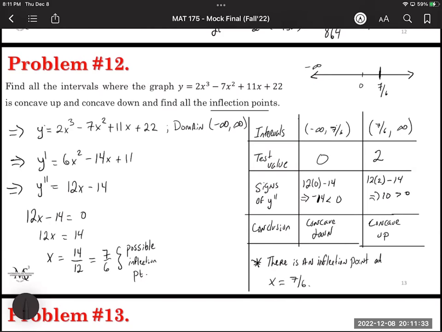On the other hand, from 7/6 to infinity, inside of that interval you have your test value of x equals 2. You don't have to use 0 and 2. As long as you determine test values that are inside of those intervals, you can use any value. I could have used negative 10 and positive 10.